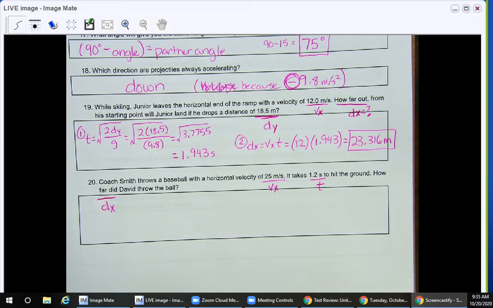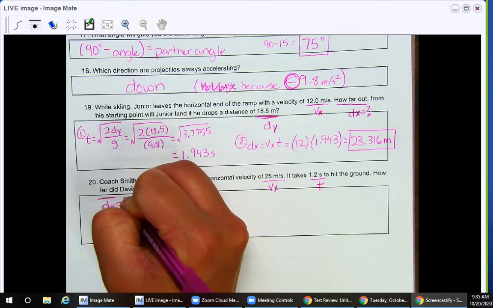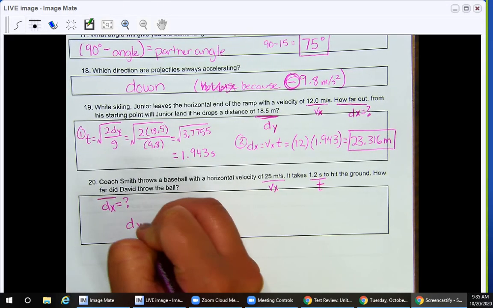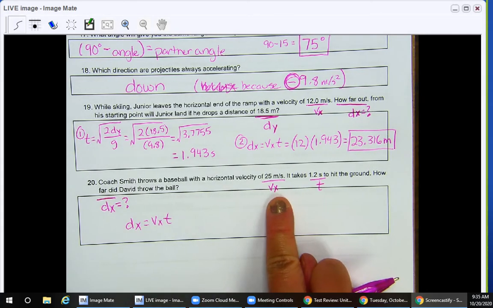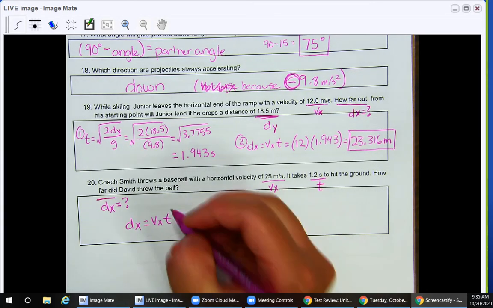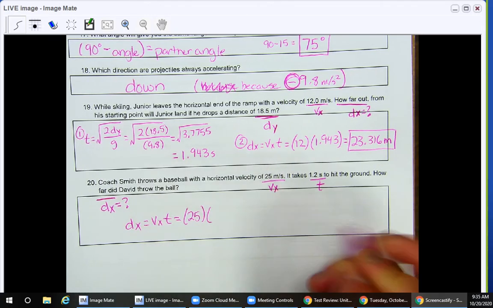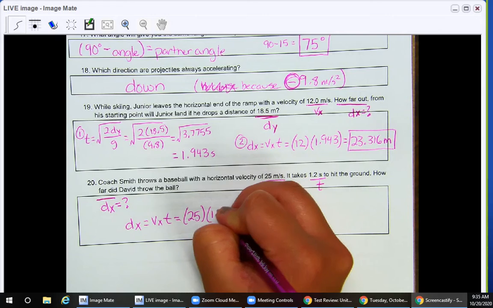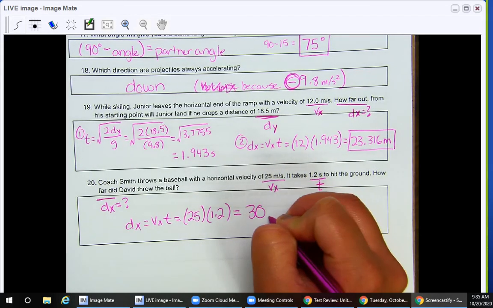This time, it's not a two-step problem. We're looking for dx. The formula for dx equals Vx times t. We have Vx. We have t. All you have to do is multiply. 25 times 1.2 equals 30 meters.